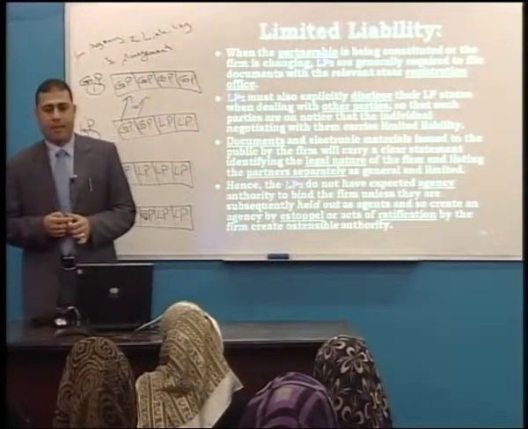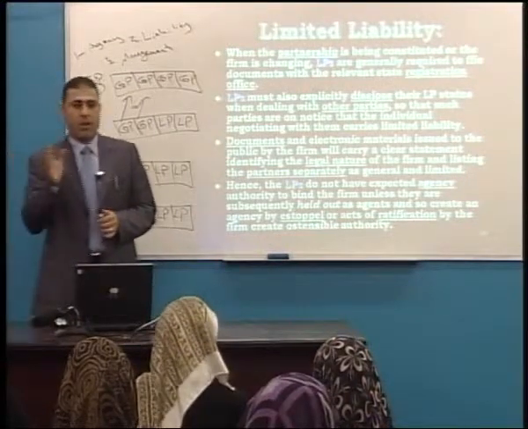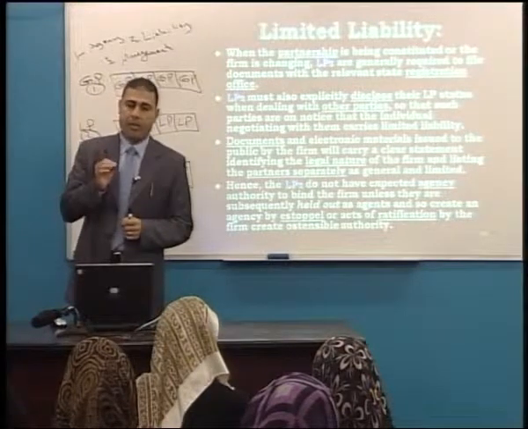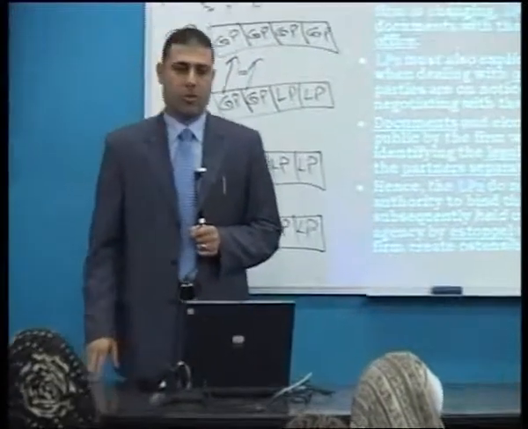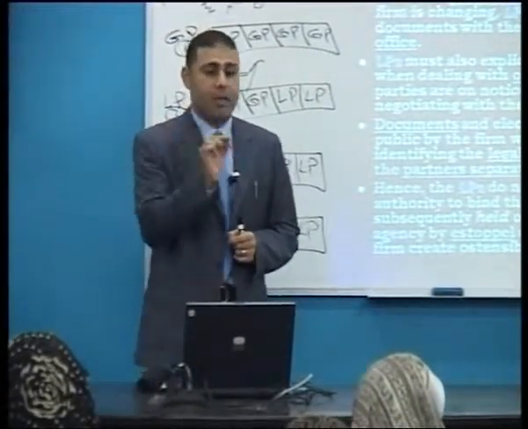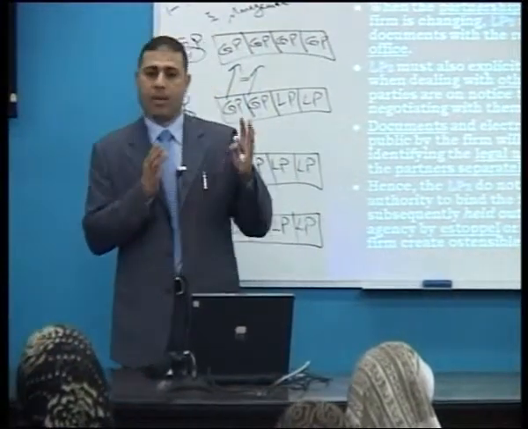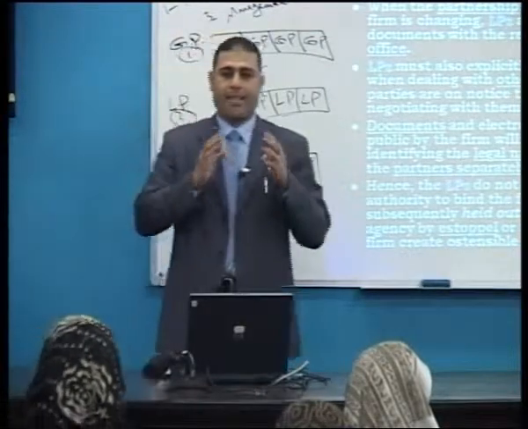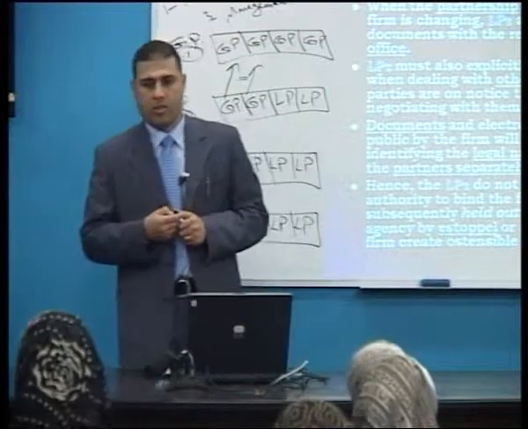This means the customer would have to know from the beginning if this customer deals with an LB or a GB, because if it's a GB I'm dealing with as a customer, then this GB will take the full responsibility, and this GB would be able to deal with me as an agent. If he was an LB, a limited partner, then he's not authorized to deal with the customers.